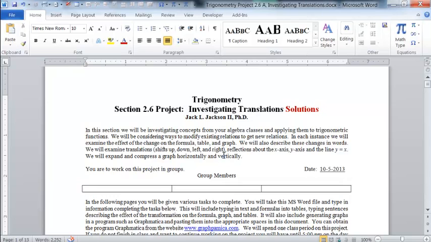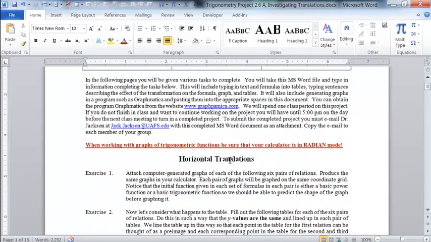And you can use this to help you not only see what's going on with the trigonometry, but also working with the Microsoft Word file a little bit. Be sure that when you're working with graphs of trigonometric functions and inverse trig functions a little bit later on in the course, your calculator is in radian mode.